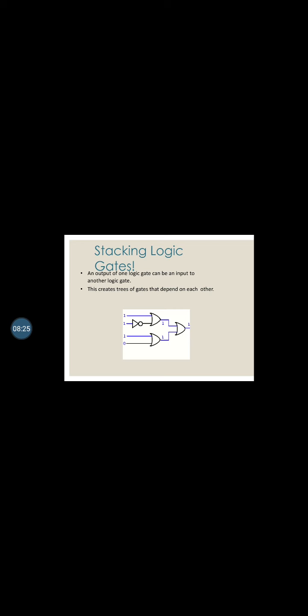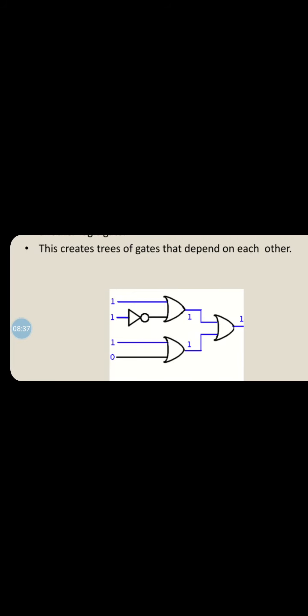This is a logic gates diagram. In this gate we use the inverter gate and the OR gates. For the upper side of the figure, if you give 1 1 as input, the inverter turns 1 into 0, so the input for the first OR gate is 1 0 and the output is 1.